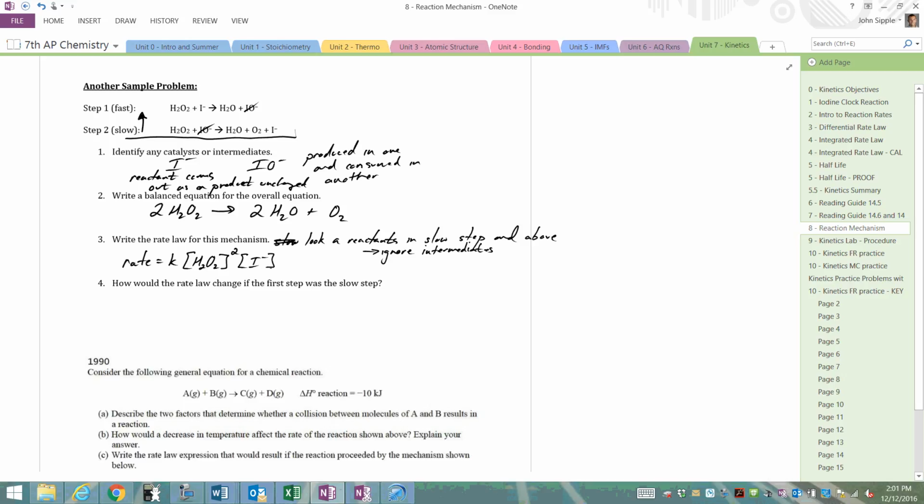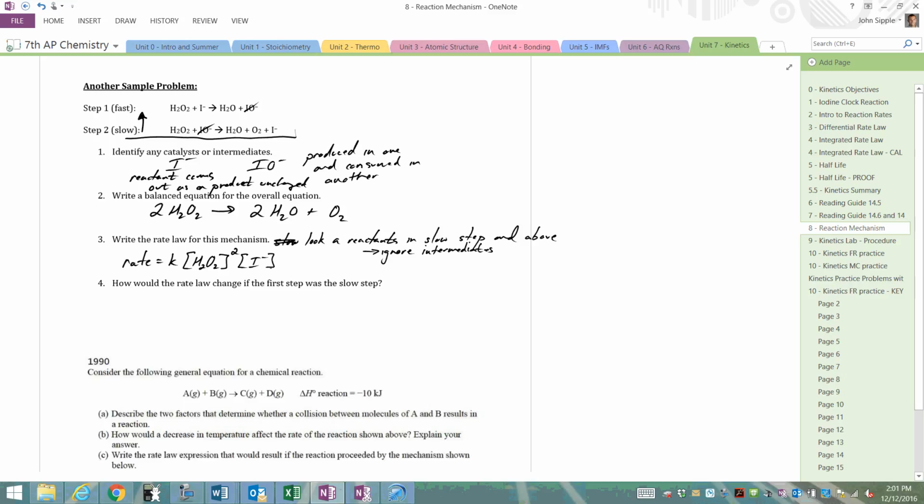See how IO was made by one of the reactions and then used up in another one? The I is one of the original reactants to start. That's why it's not an intermediate.